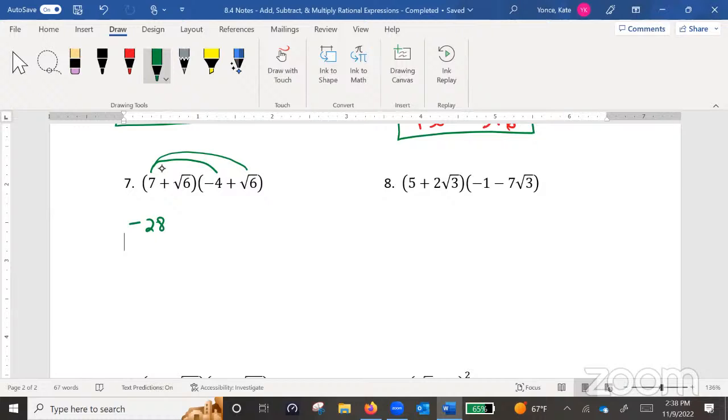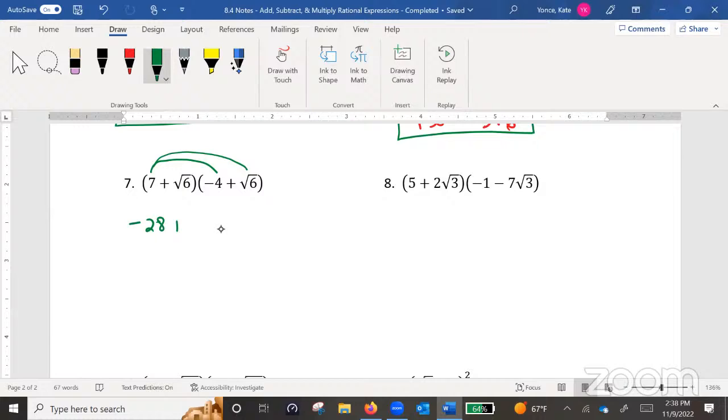So what? You said, I thought you asked about the square root of 6 times square root of 6. Yes, but when we do our outside, 7 times square root of 6, the 7's not in the radical. If it was square root of 7, then we could say square root of 42.